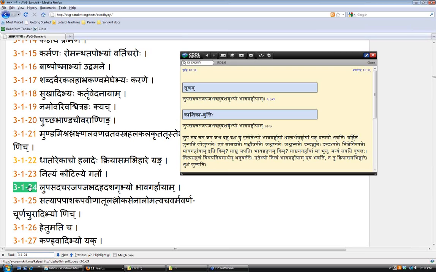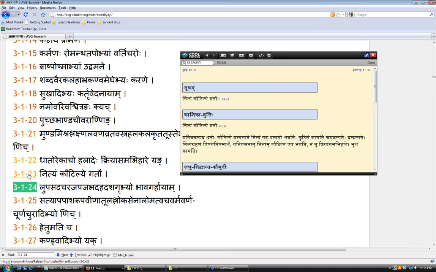Others, like Nagesha Bhatta, say it can come in kriya samabhihare also. Whatever, the bottom line is that when you have a gatyartha dhatu, it can come in kautilya also. Like chankramyate, which can come in kautilya. So he moves kind of sideways, in a zigzag manner. So chankramyate.